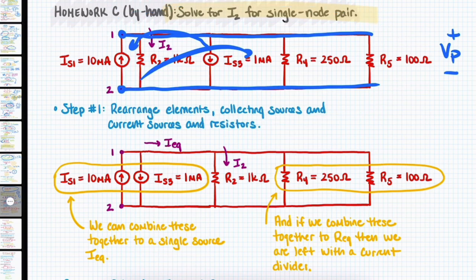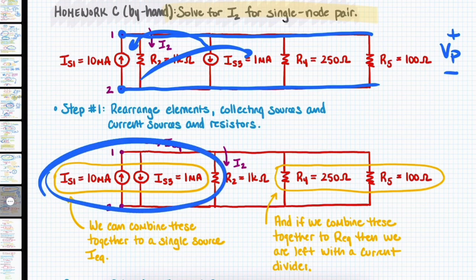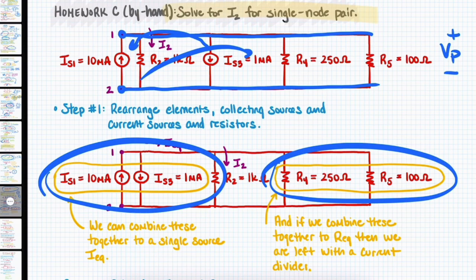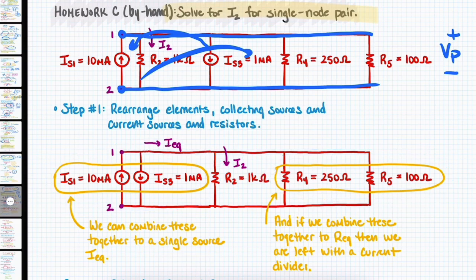Okay, first thing I'm going to do is collect the two current sources together, and then collect the two non-observed resistors together. Because if you remember, up above here, it tells us we're only solving for I2. So we only need to know the current through R2, so we can lose the observability for R4 and R5.